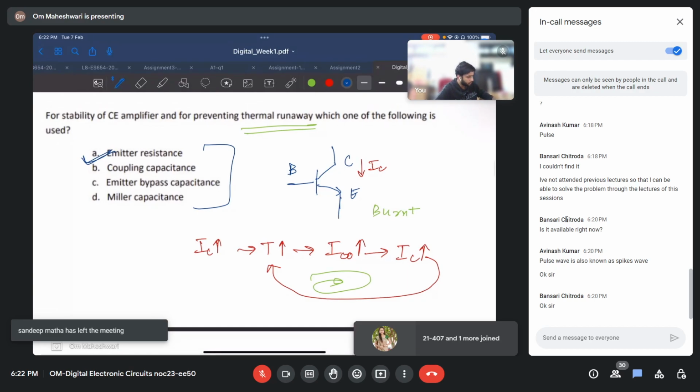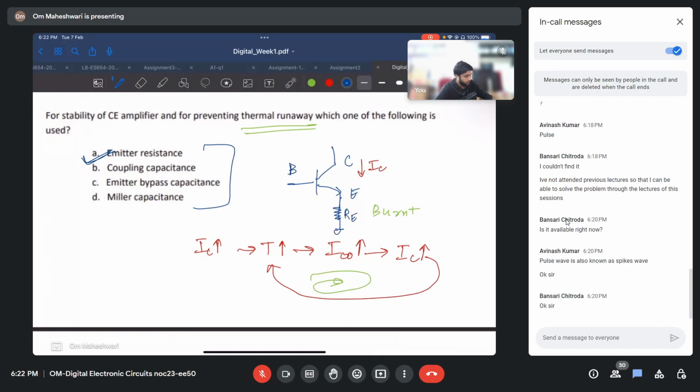Let us say we have a resistor here, RE. As soon as this current IC increases, the voltage dropped across this RE reduces the VB of this transistor. And when this VB is reduced, IC is again reduced, right?